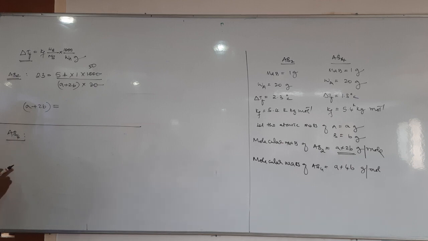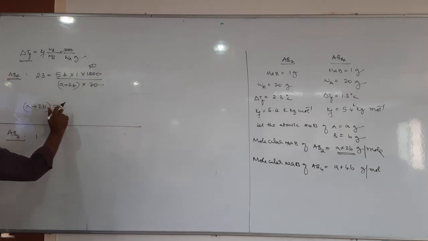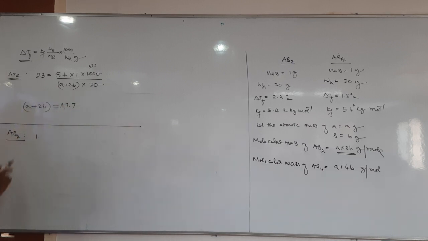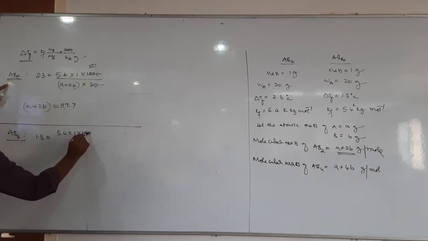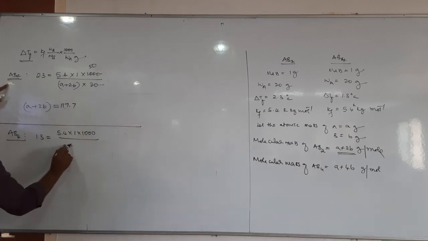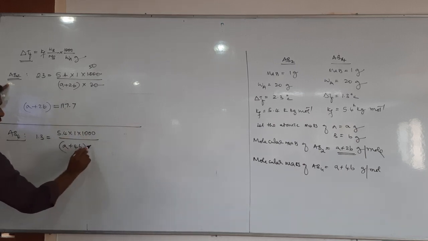For AB4, delta TF equals 7.7 something. Okay, now do this AB4. In case of AB4, calculate again a plus 4b. Delta TF is 1.3, which equals 5.4 Kf into 1, into 1000 same, divided by molecular mass a plus 4b into 20.